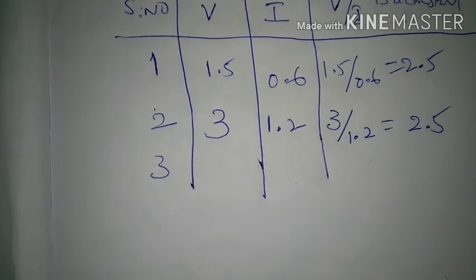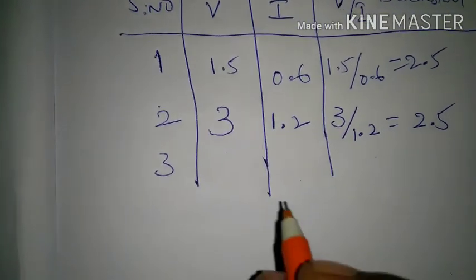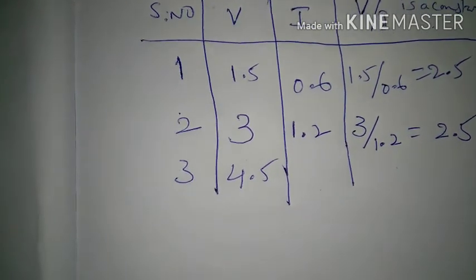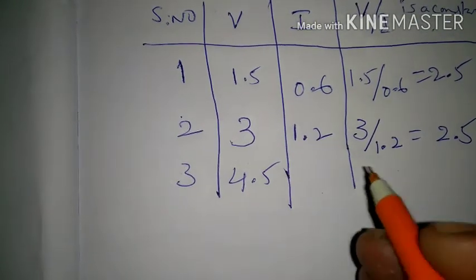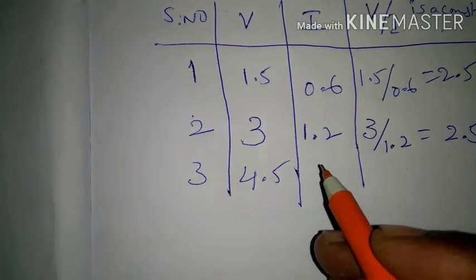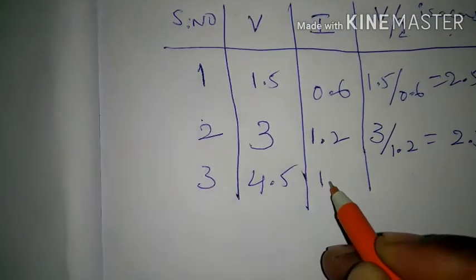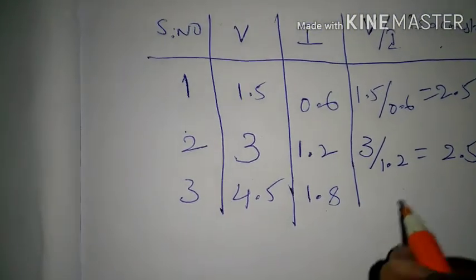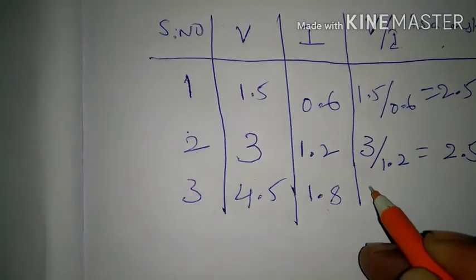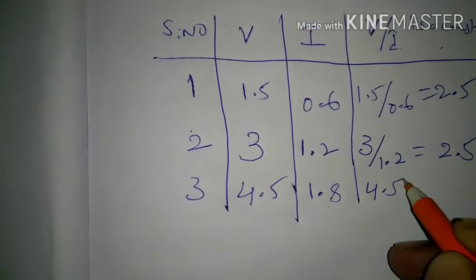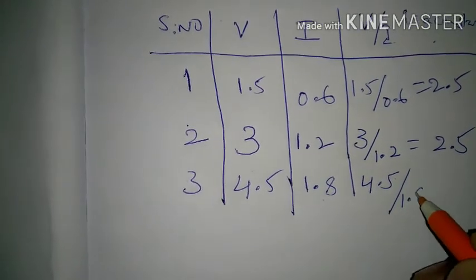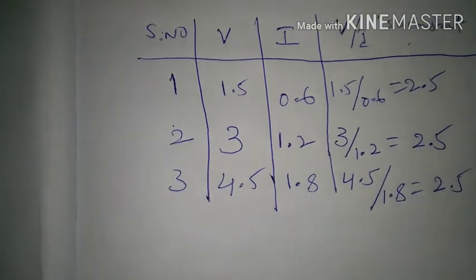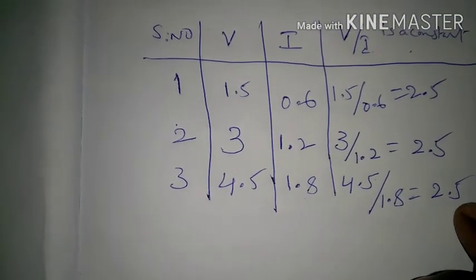I have taken 3 cells. How much voltage? 4.5. Current value measured by the ammeter is 1.8. Next column V by I, 4.5 by 1.8 is equal to 2.5. This is the third value, 2.5.